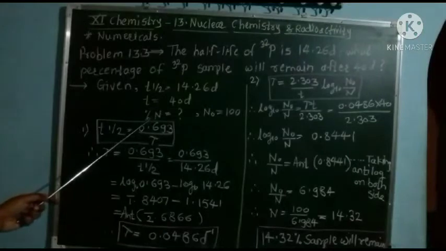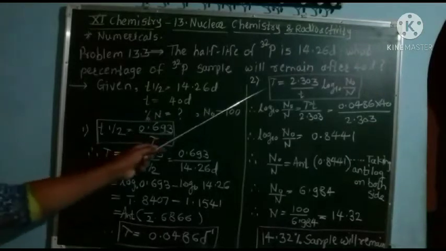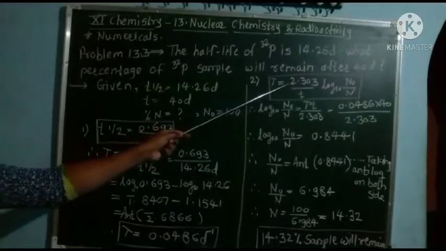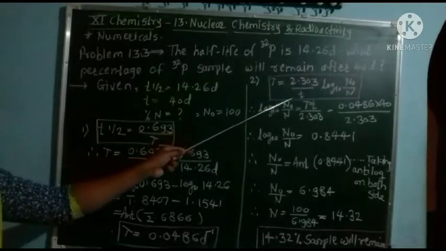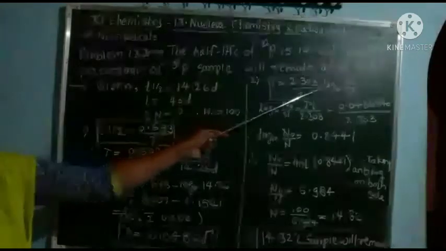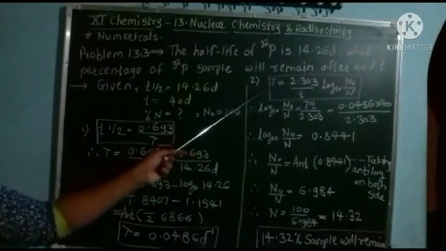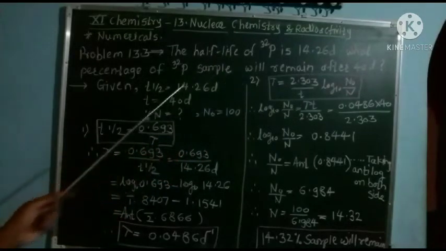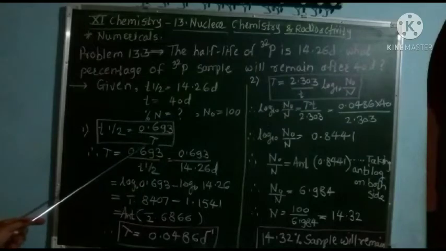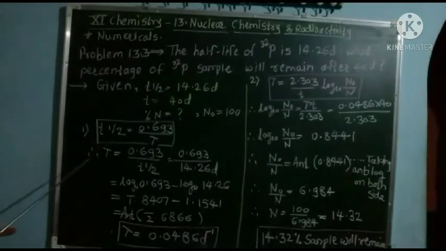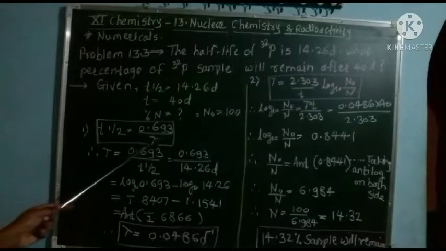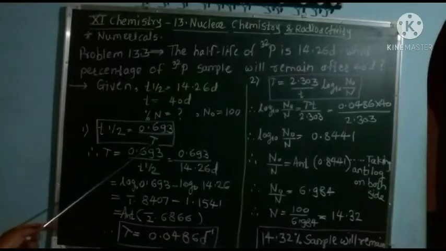To find out the N, we have the formula lambda is equal to 2.303 upon T, log to the base 10 N0 upon N. But first we have to calculate the value of lambda. Value of lambda can be calculated from T half, because T half is given, and the formula for T half, that is half-life period, is 0.693 divided by lambda.